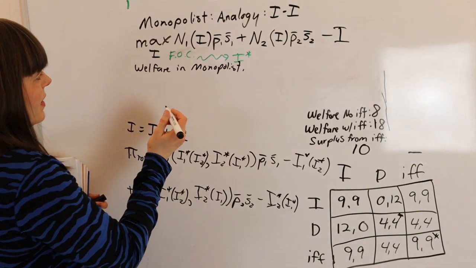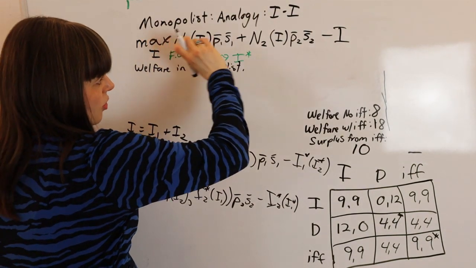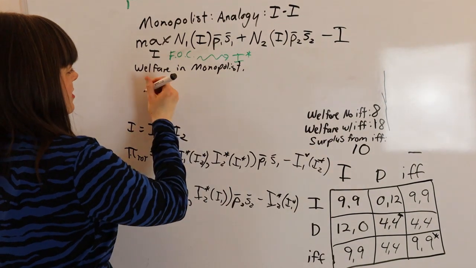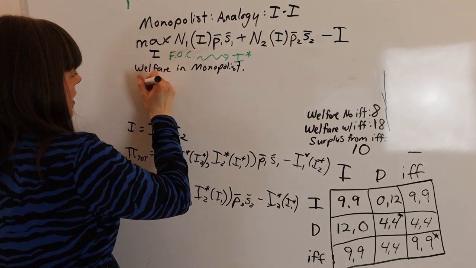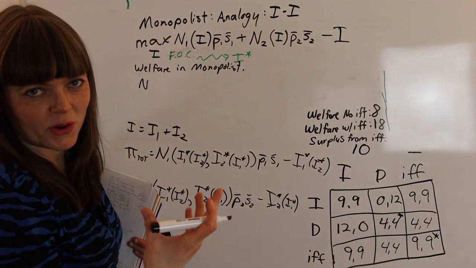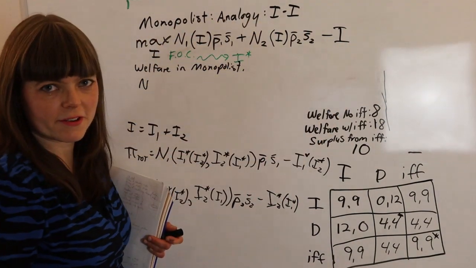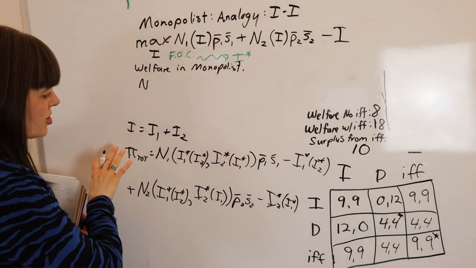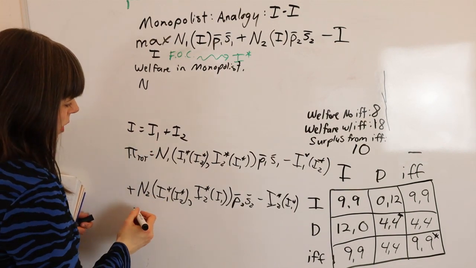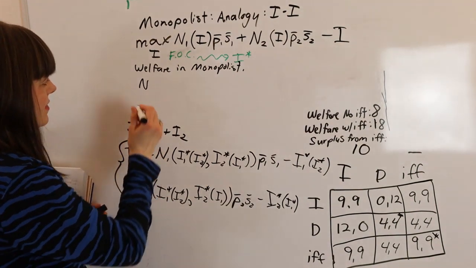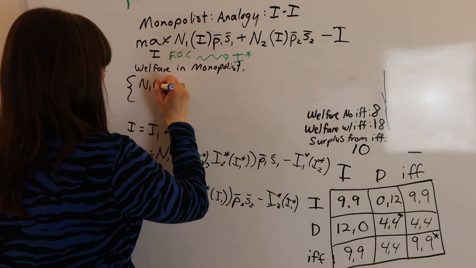This is going to be simply the total profit at the optimal I star. So it's a little bit boring, but I'm going to rewrite this whole profit function just with I star, and it should be analogous to this duopolist profit.